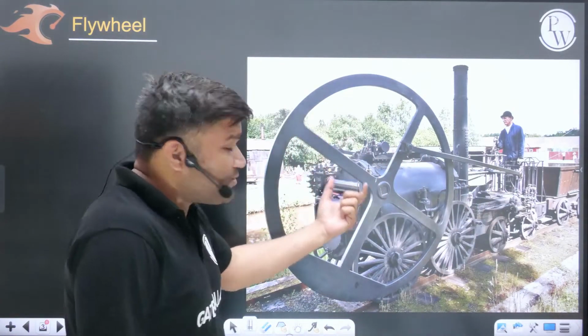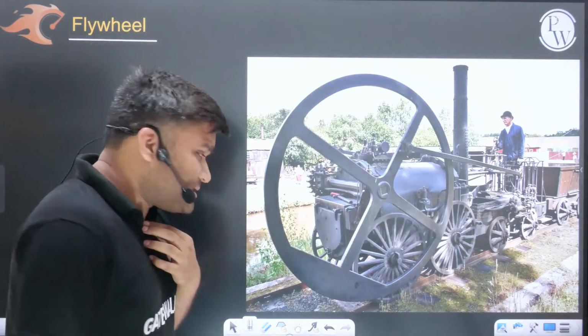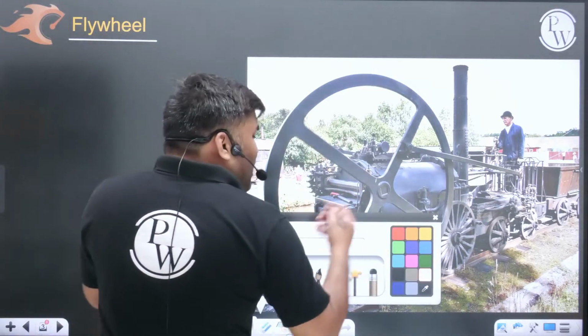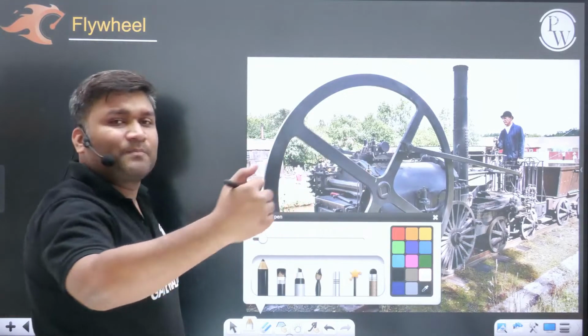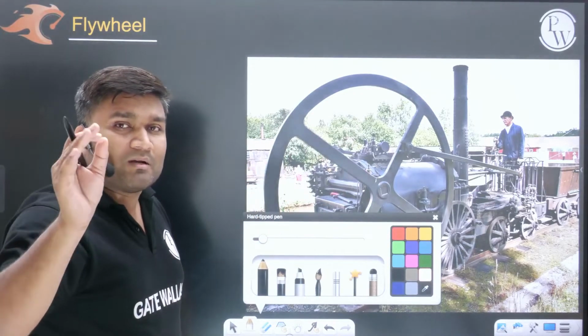So flywheel, doesn't matter whether you have studied or not, you have seen that. Everybody has seen. But yeah, what is flywheel? How does it look? At the end of this chapter, you will be able to identify where we need flywheel, in which kind of situations flywheel is going to be used.